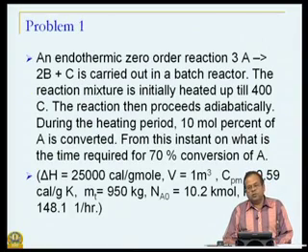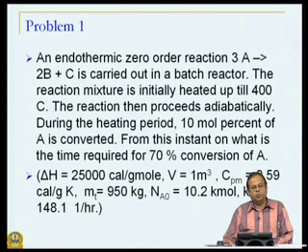The first problem that we will look at is an example of an endothermic zero order reaction, 3A going to 2B plus C, carried out in a batch reactor. The reaction mixture is initially heated up to 400 degrees centigrade. Reaction then proceeds adiabatically.